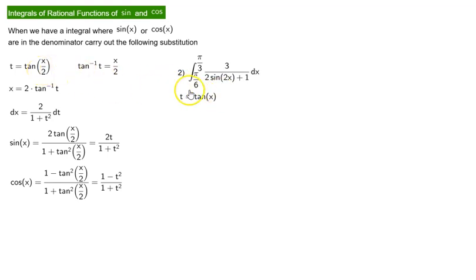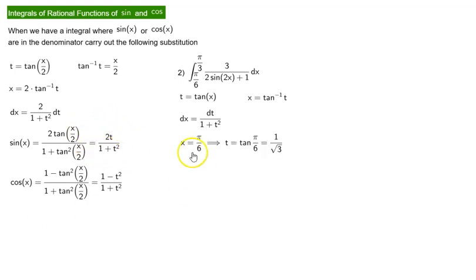We have 2x inside this sine, but when we do the substitution, the 2 and 2 will cancel out and we'll be left with x. So x is equal to tan inverse of t, dx is equal to dt by 1 plus t square. Because here now it is a sine function, we do this substitution.